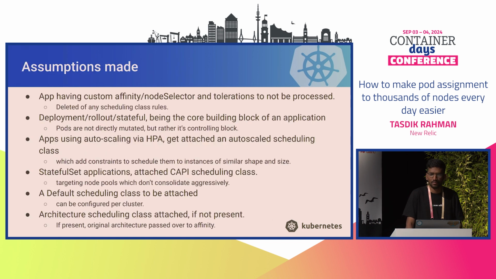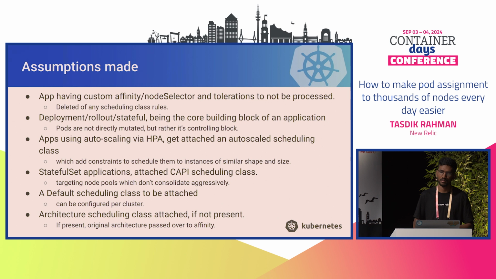Some of the assumptions which we are making, so that we are a bit opinionated to fit our needs while building this, are: any application which has custom affinity or node selectors and tolerations, we are not to process them. The reason for that is we don't want any existing application to have an adverse effect while we apply these same defaults. And we would delete any of the scheduling class rules which we would have applied before.